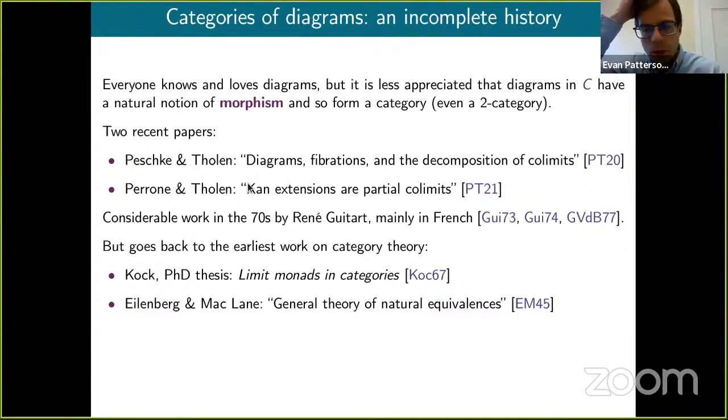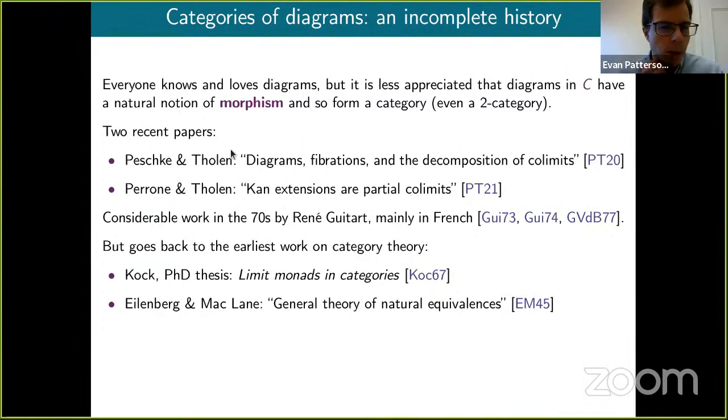If you pick one of these, you'll get a category, and actually there's even a good notion of two-morphisms, so you have a two-category, but in this talk we'll just be sticking to the one-categorical structure of this, even though it's really properly understood as a two-categorical notion.